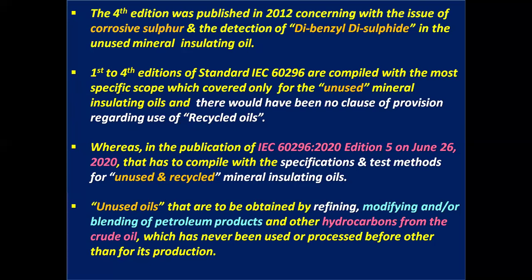The first to fourth editions of standard IEC 60296 have the most specific scope, covering only unused mineral insulating oils, and there was no provision regarding use of recycled oils.